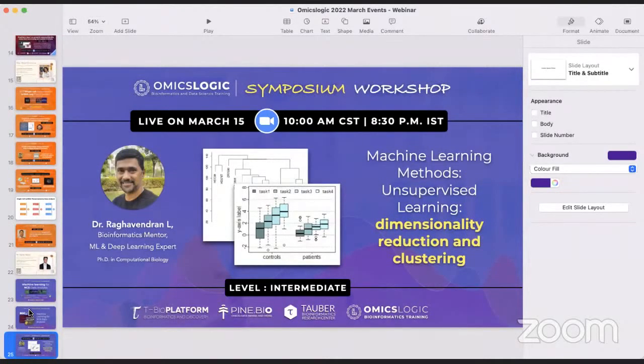Many of our research fellows who will be submitting their posters and articles in journals will benefit from these sessions, where they could learn about dimensionality reduction and clustering techniques that are used for describing many of those research analysis results that we use in our poster presentations, in our reports, in our presentations, as well as in preprints and publications.